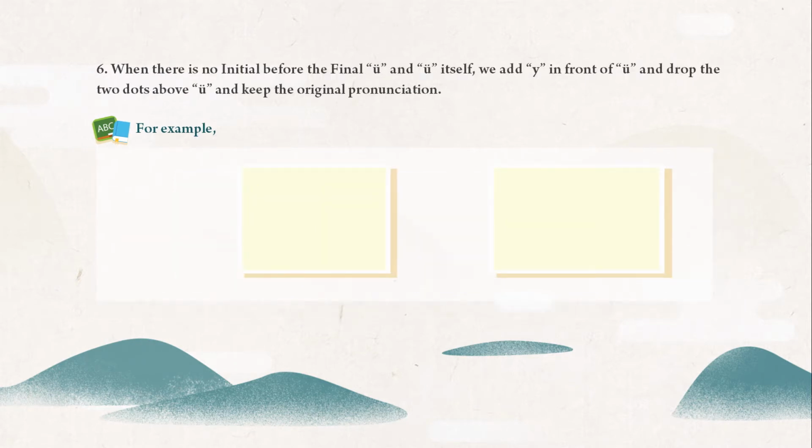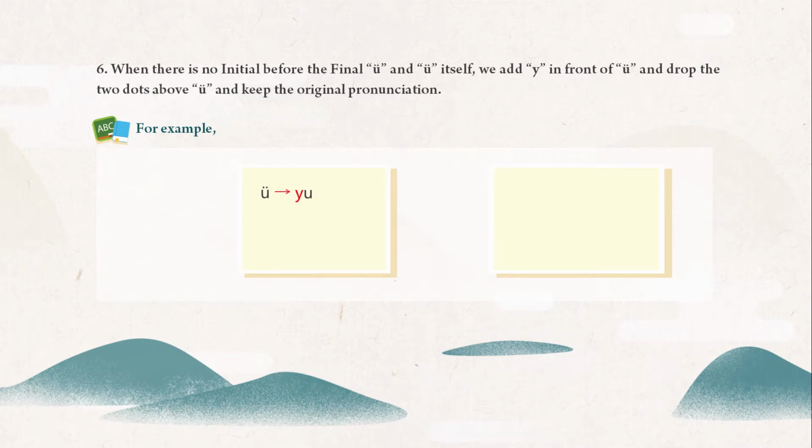Rule 6. When there is no initial before the final ü and ü itself, we add y in front of ü, drop the two dots above ü and keep the original pronunciation. For example, when final ü is a syllable by itself, we should directly add letter y before it.